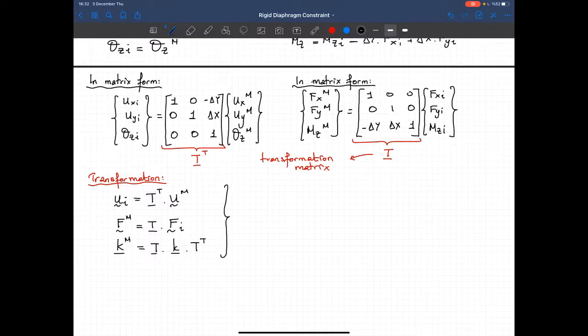And these are the transformation matrices. So I'll just say these transformation equations are for single nodes, in-plane degrees of freedom.